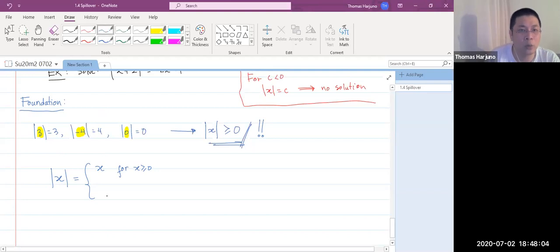The way to do that, we apply another negative, as long as the x inside the absolute sign is negative. So if we look back, how do we get that 4 here? That's because I slapped that -4 with another negative. That's how I make it positive.